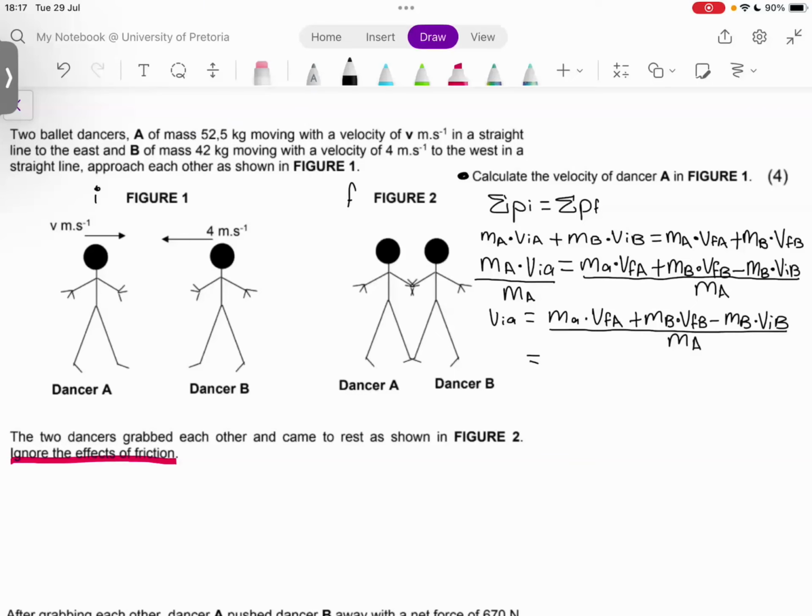I am seeing the correct magnitude, but a lot of you guys aren't indicating the direction. Remember, guys, velocity is a vector, so it is a physical quantity with magnitude as well as direction. The correct answer in this case would be 3.2 meters per second, and it'll be west.